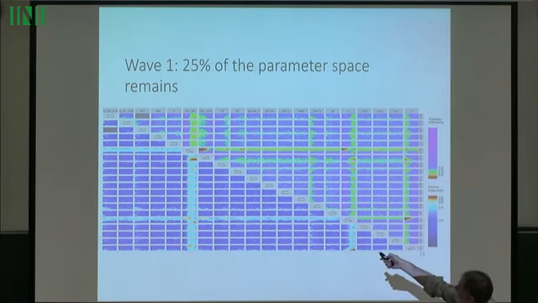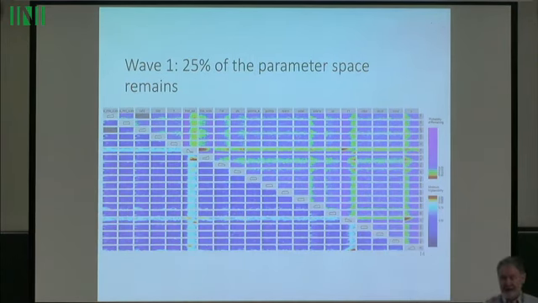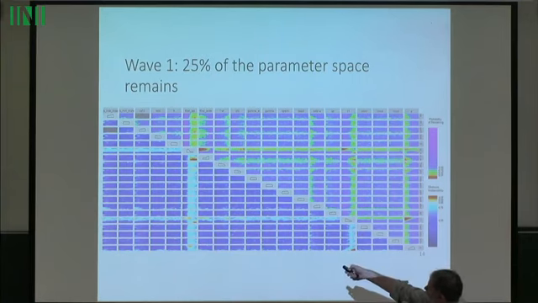So we do this history matching, and we remove 75% of parameter space in the first run. And if you look down the leading diagonal on this plot, that's the marginal of that parameter after that wave.